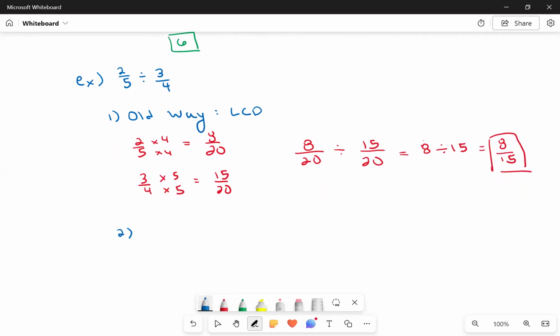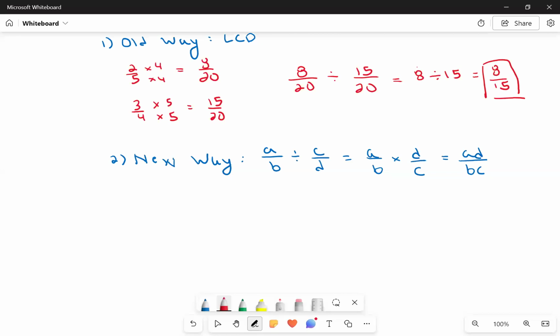The new way, and the way you were probably taught in school, is to take the second fraction, use its reciprocal, and change it to multiplication, which basically then means we multiply the numerators and denominators.